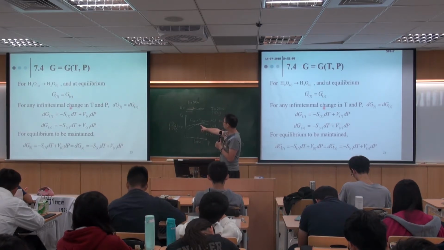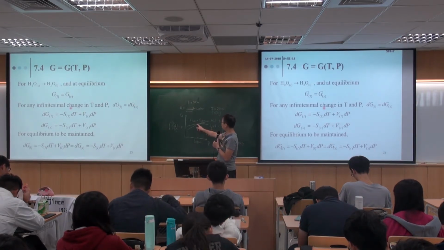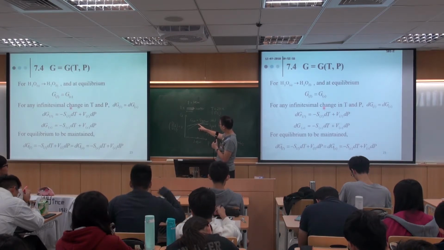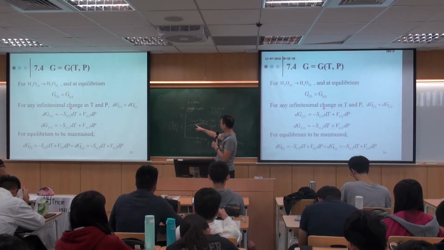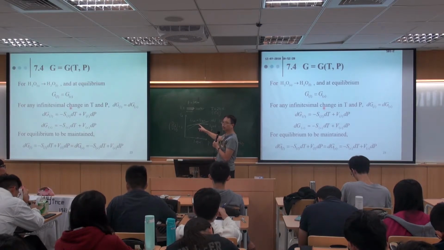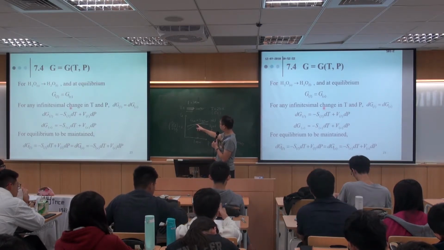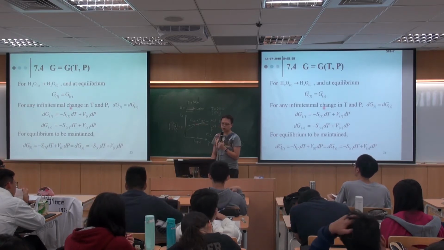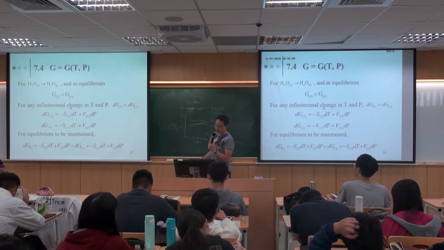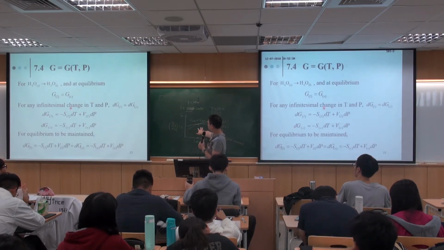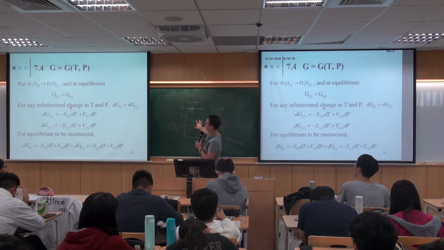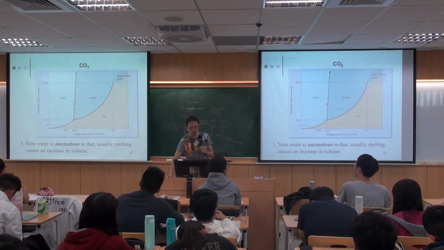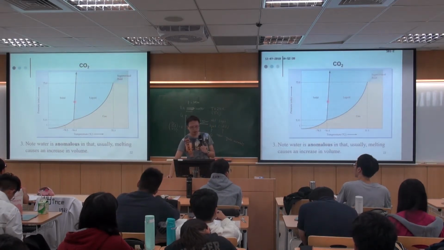Of course, if you look over here, it seems not to be the case, because if you move a little bit away from this point, the Gibbs free energy over here is not the same as over here. But we're not talking about that case. We're talking about moving along this borderline.